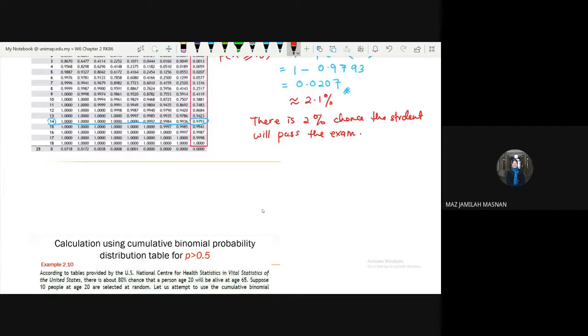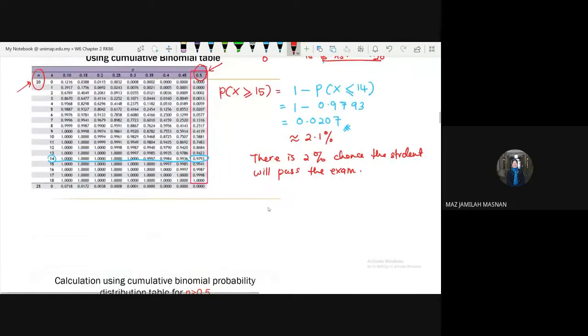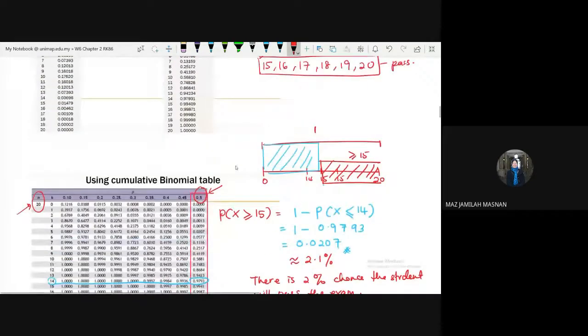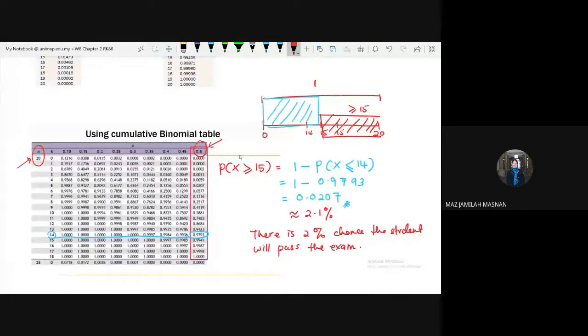Can you tell me what is the largest probability value given in your binomial table? Guys, look at your table. On page 205, look at the first and second row that contain the p value.